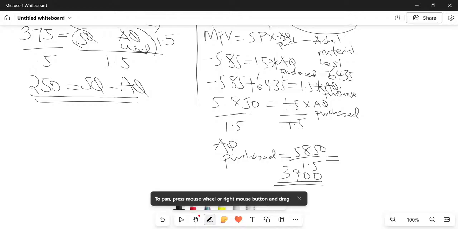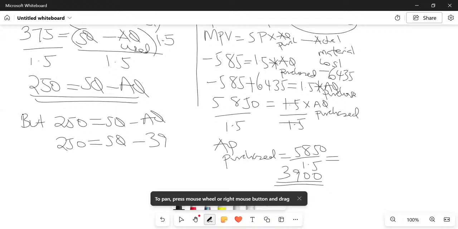Because if you remember very well, we had this 250. So we go back, and we say it will be equal to SQ minus AQ, isn't it? So then we have 250 equals SQ minus AQ, and AQ is 3,900.